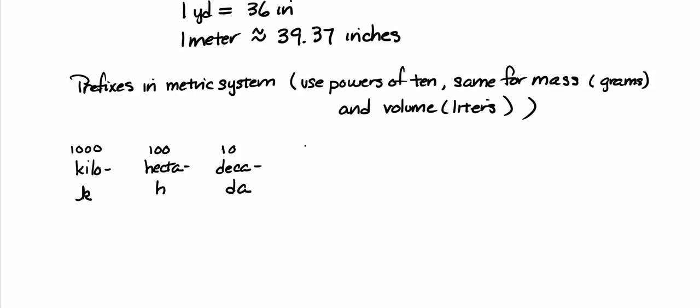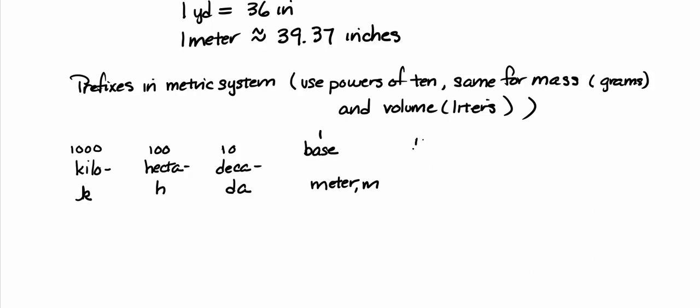Then we have the base unit, which in our case, if we're talking about length, we'll just use the meter, or M. So this base is 1. Then we have deci, which is 1/10, or 0.1.